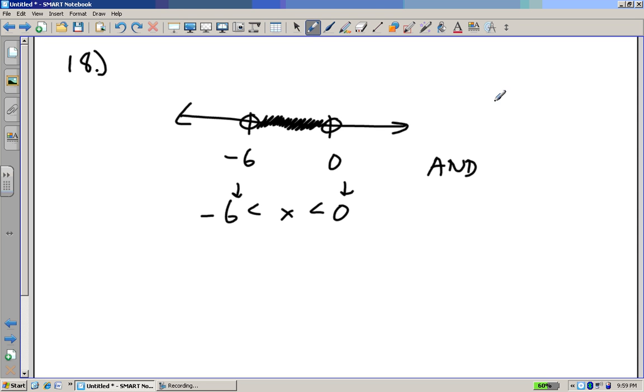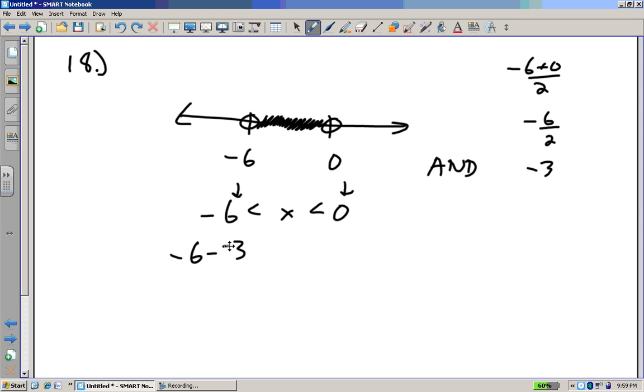So what we're going to do is off on the side, we're going to find the mean, the average of these two. -6 plus 0 divided by 2. So add the 2 points, divide it by 2. And -6 plus 0 is -6. We're going to divide that by 2 and get -3. Keep in mind that we have to subtract this. Even though it's a negative, we have to subtract it.